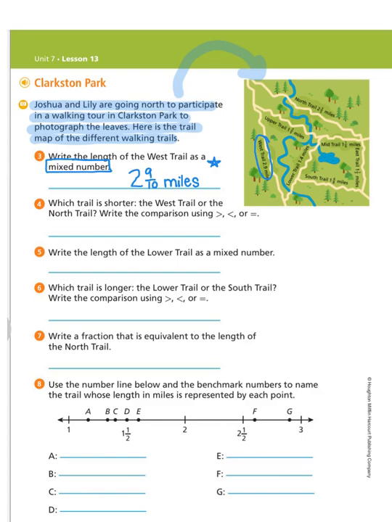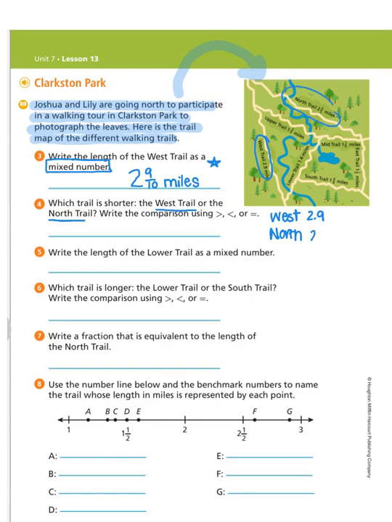Which trail is shorter, the West Trail or North Trail? Write the comparison using greater than, less than, or equal to. So let's see, we've got the West Trail, which is 2.9 miles, 2 9/10 mile. We've got the North Trail, which looks like it's right up here.